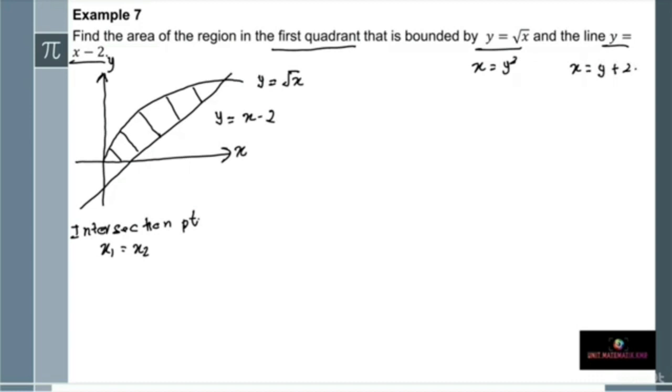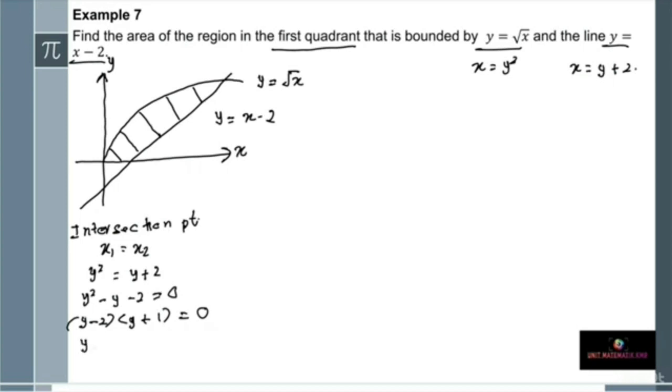Let's solve this. y squared equals y plus 2, so y squared minus y minus 2 equals 0. So (y minus 2)(y plus 1) equals 0.